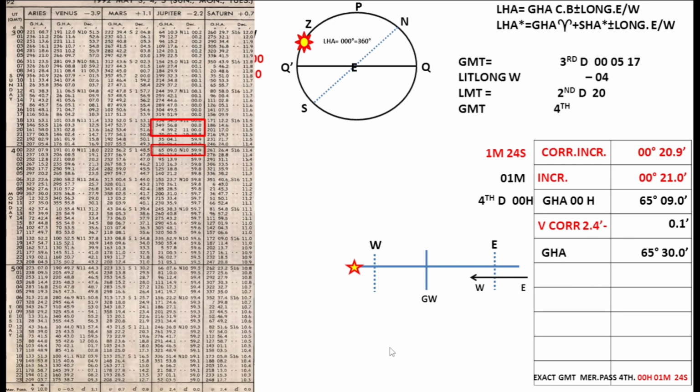So I should have been looking around for this value of GHA, lesser value of GHA, not before this time, but after this time. If it was a question of east, yes, then this would have been okay. But west, because the body will be coming on its meridian after it is on the meridian of Greenwich, when the GHA would be 0. So I should have been looking at the date below.